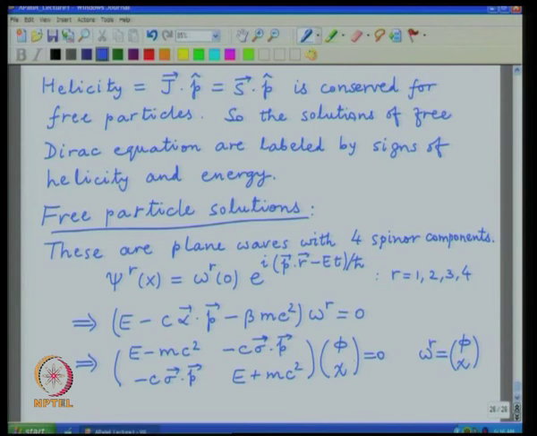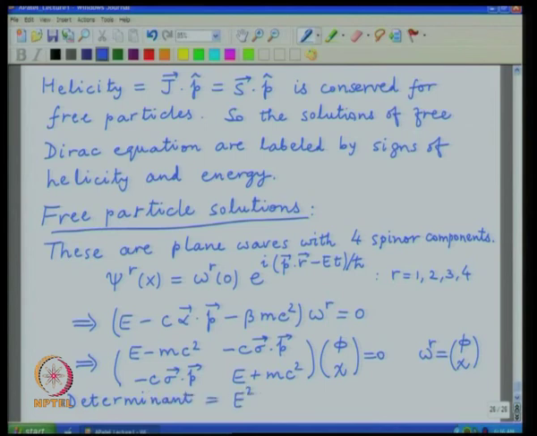To have a non-trivial solution, the determinant of this linear set of equations must vanish, and the determinant is nothing but the usual dispersion relation.